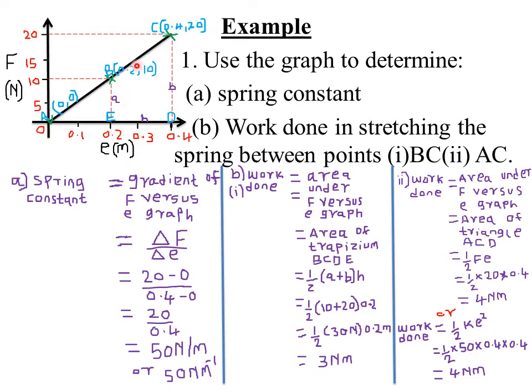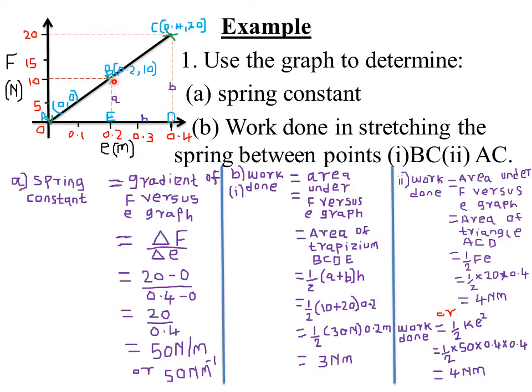The work done is equal to the area under the force against extension graph. Since they want us to find the work done between points B and C, it means they are talking of the area under B and C, which is this area here, that is area B, C, D, E, and back to B. If you study this figure well, it is a trapezium.